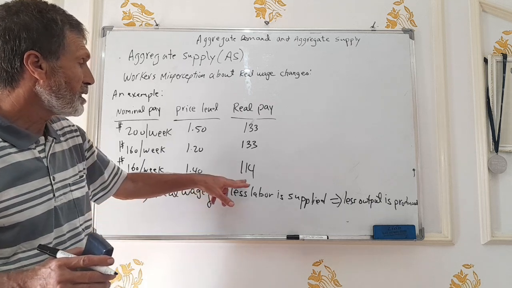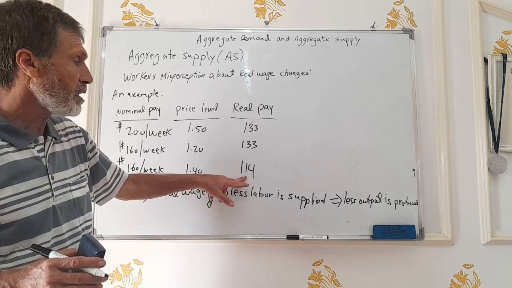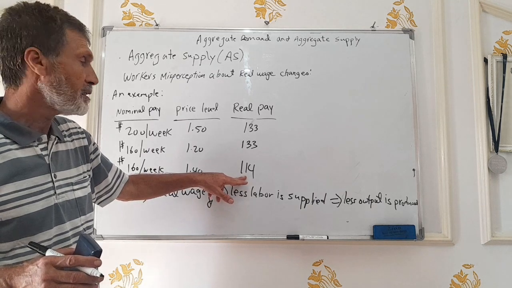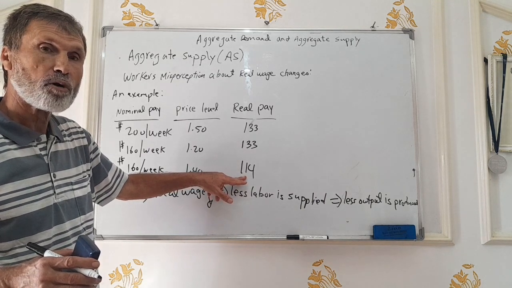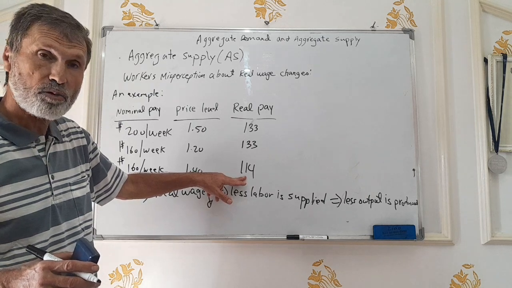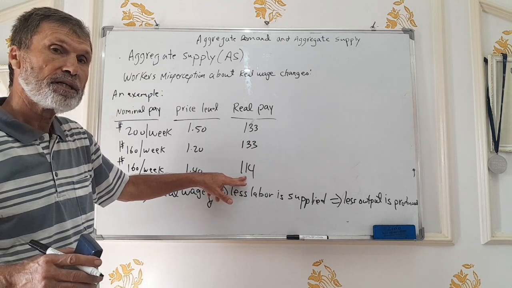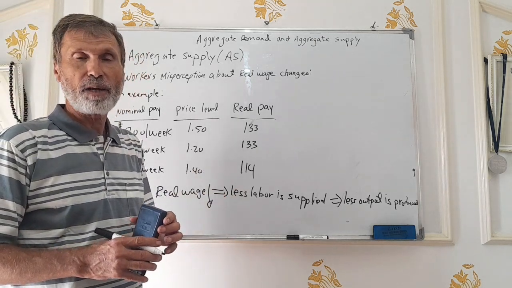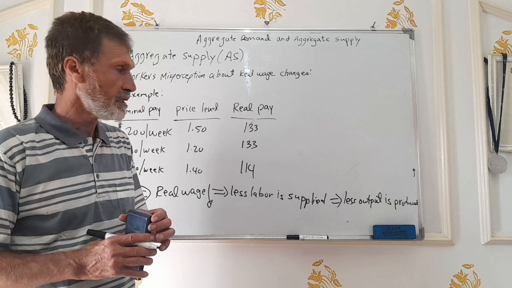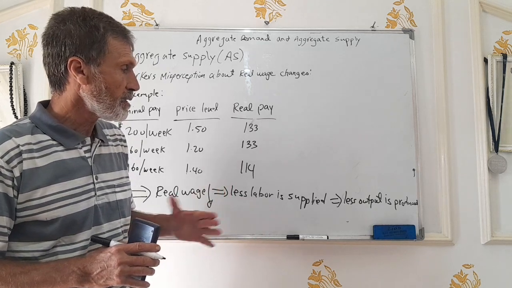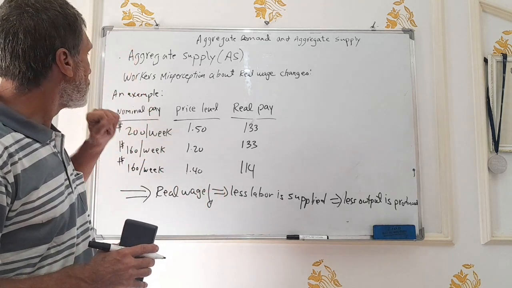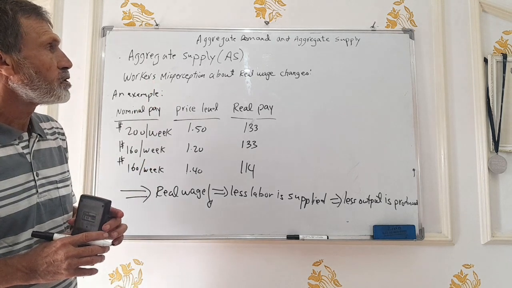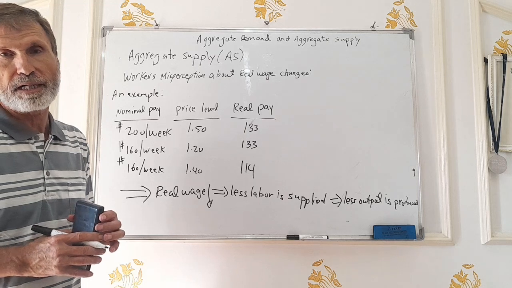Then they will come up with a lower real wage, and that lower real wage implies that they are not willing to provide more work. However, they are going to provide less work, and as a result of a decrease in the labor, we'll expect that output is going to be less. And this explanation is used to show the upward sloping of the short-term aggregate supply curve.